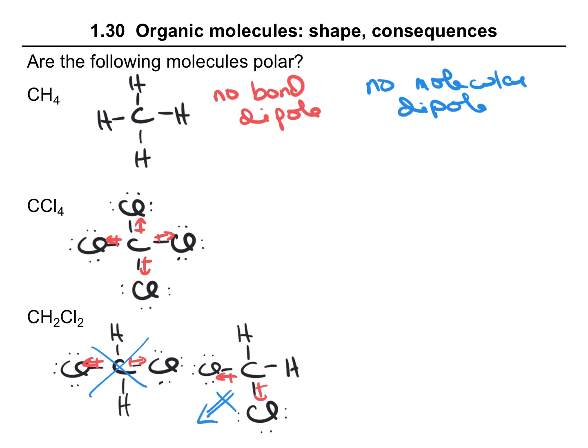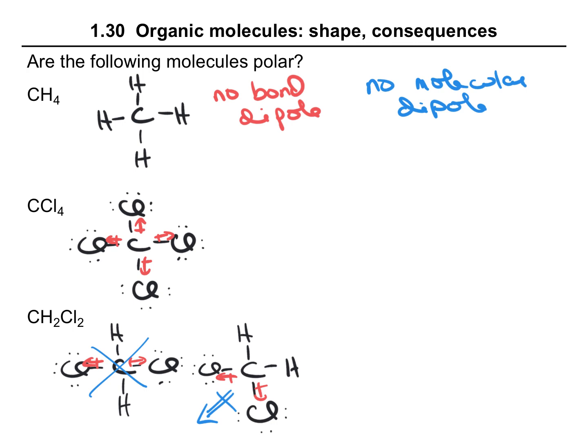But does a molecular dipole depend on the particular representation that I've drawn? It shouldn't, right? Because these representations, these Lewis structures, are not giving us information on shape. They're just telling us that there are two chlorines and two hydrogens connected. All right, we have to think about the shape.